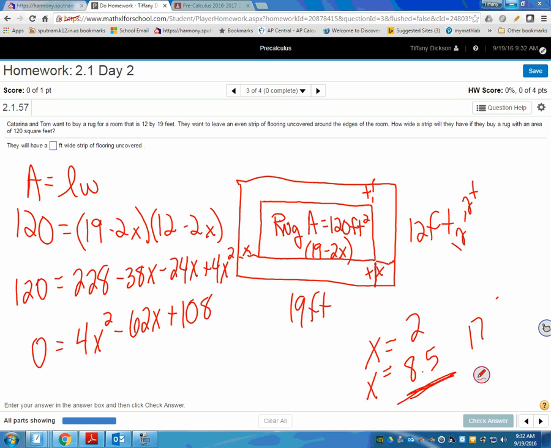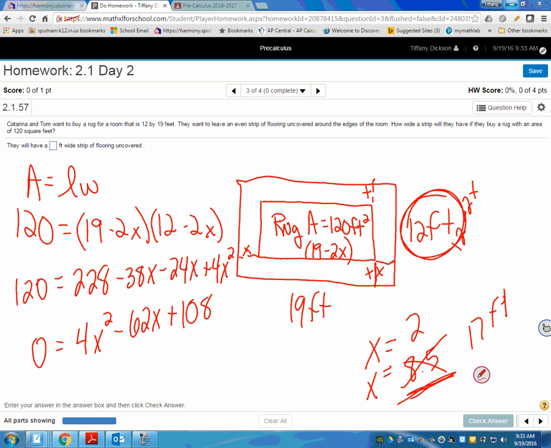That would be 17 feet, and this room is only 12 feet. So you can't take off more than would double to be the room length. One of those answers is not going to make sense in the problem, and your answer is going to be the smaller number.